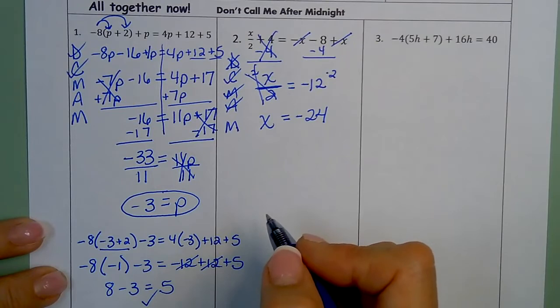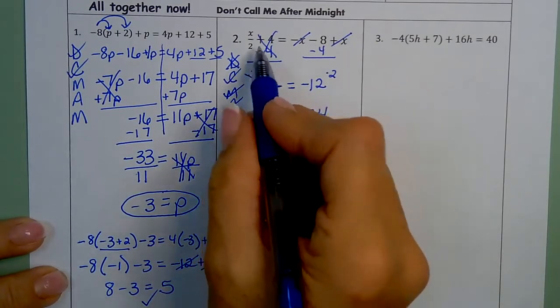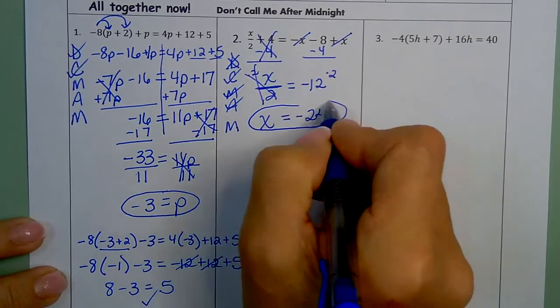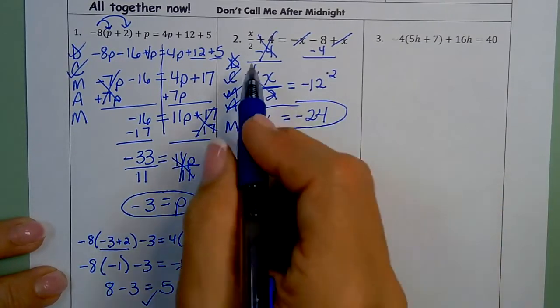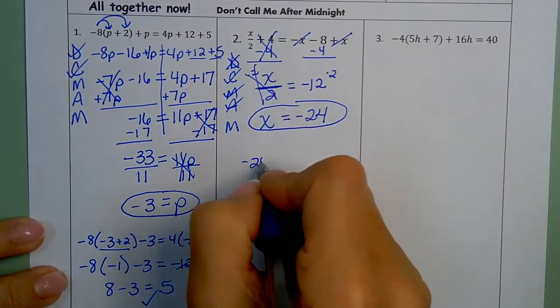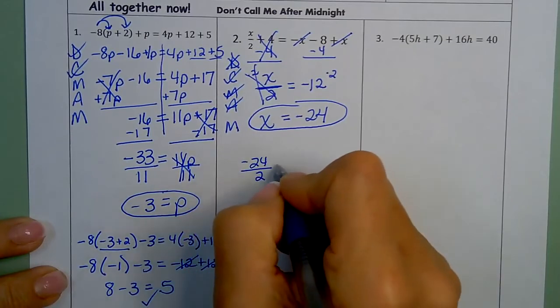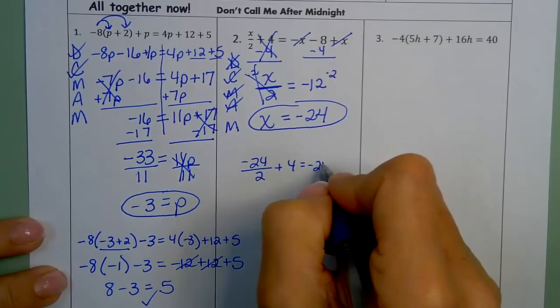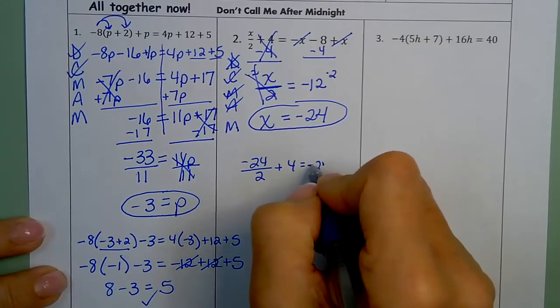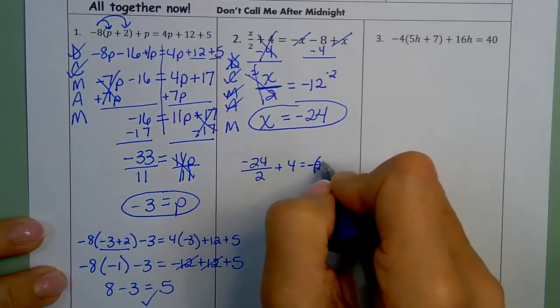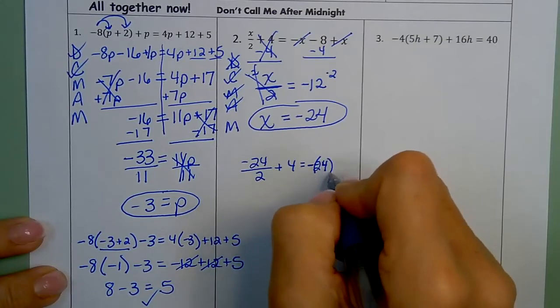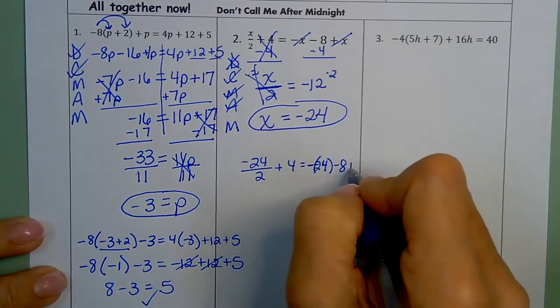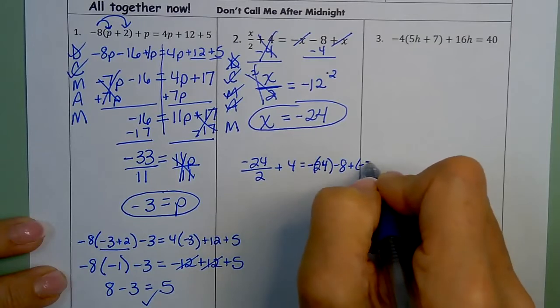All right, so now we're going to plug it in to check our answer. So I have -24 divided by 2 plus 4 equals -24 minus 8 plus -24.